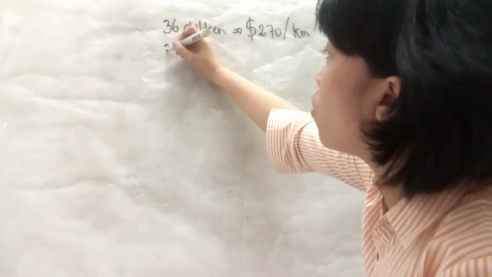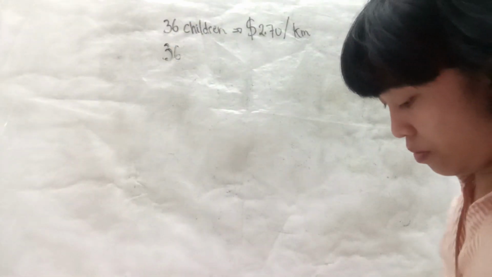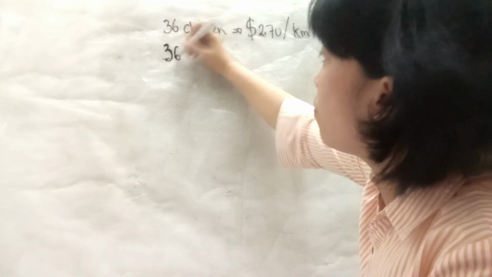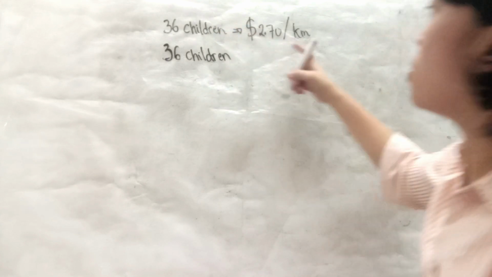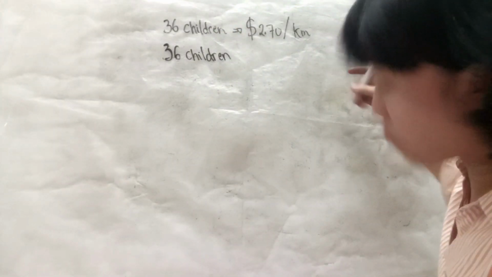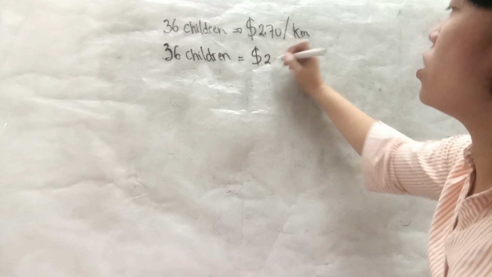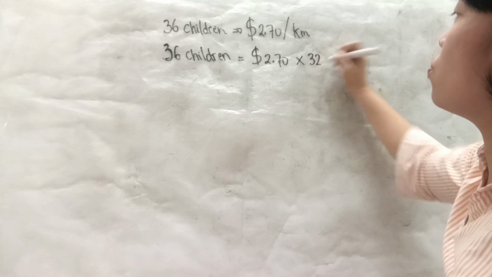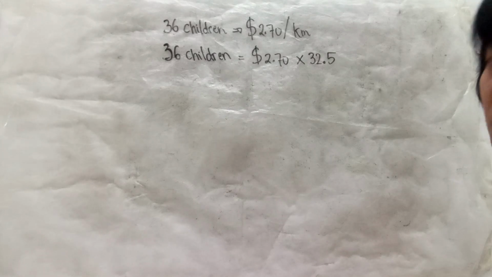So, of course, for 36 children, because they want to go for 32.5 kilometers, they have to pay $2.70 times 32.5.